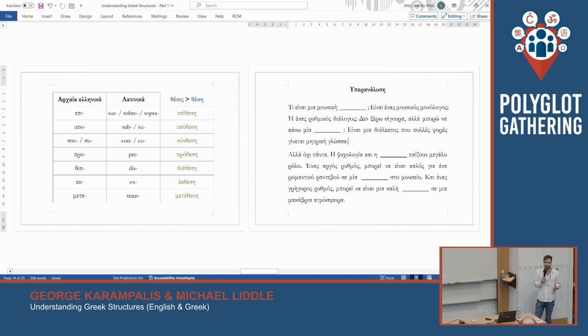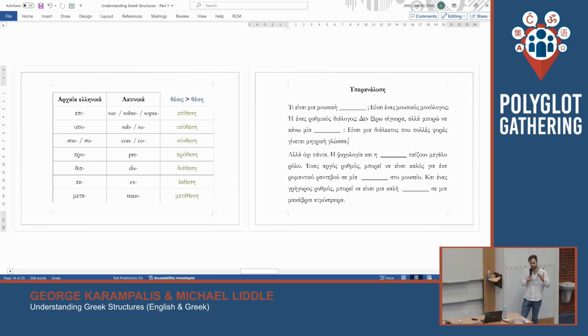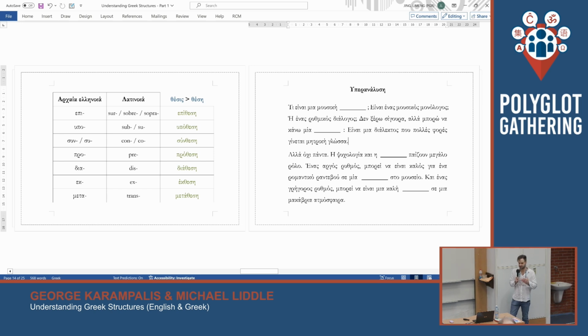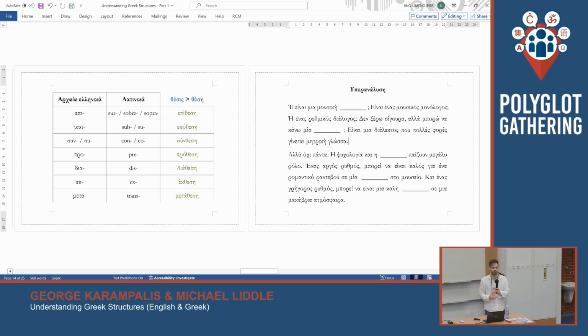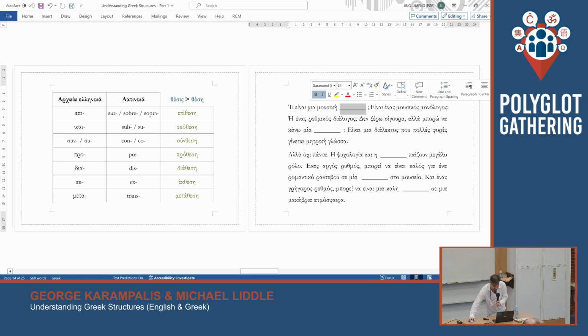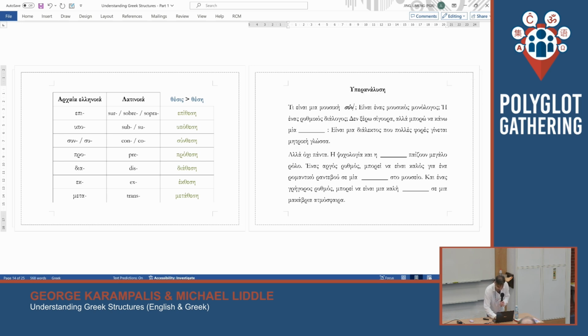Synthesis, yeah. Composition literally means to put things together, right? Ναι, συνθετικό. Τι είναι μια μουσική σύνθεση?